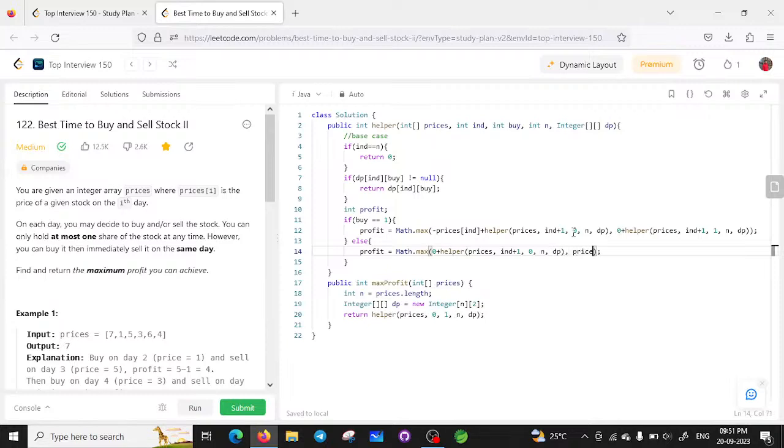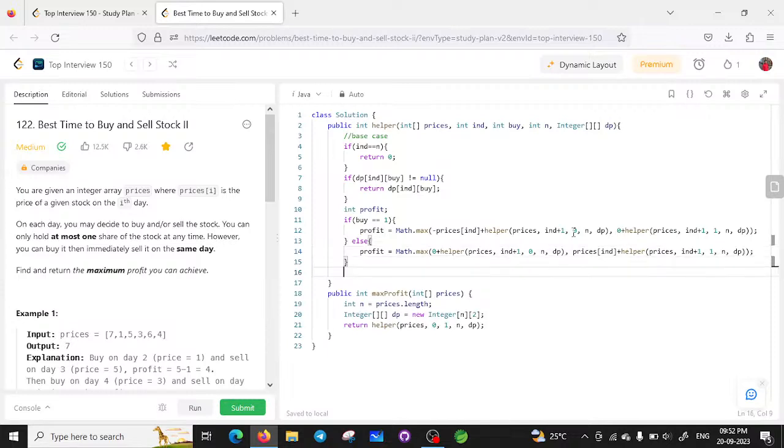Next, prices, and here will be helper. Once we sell it we are eligible for buy again. Okay, at the last we will be returning profit.